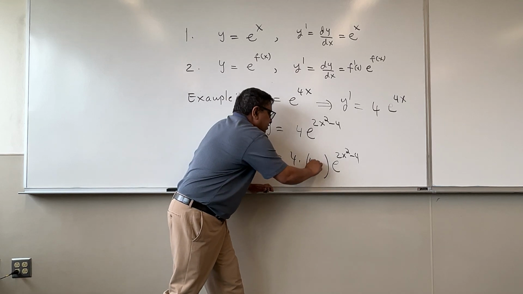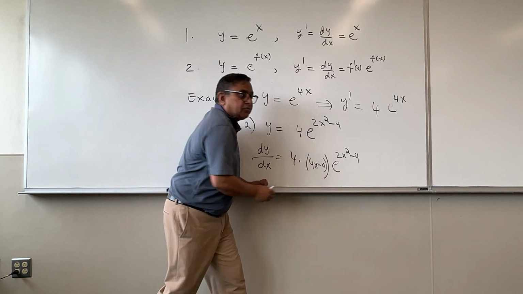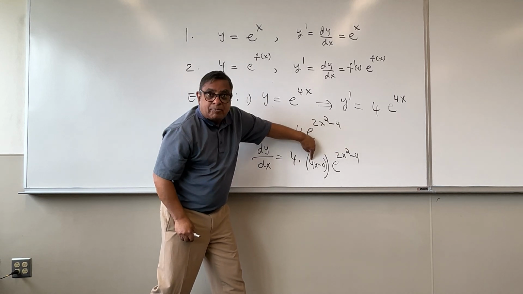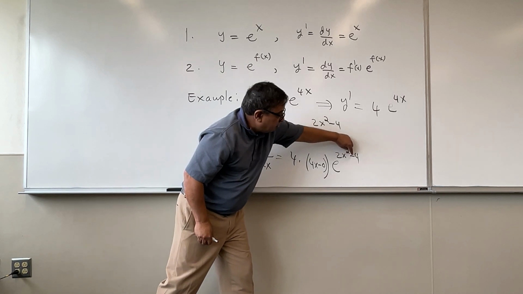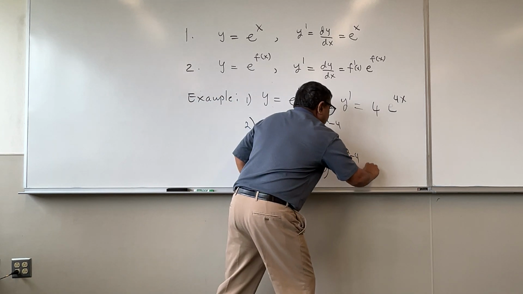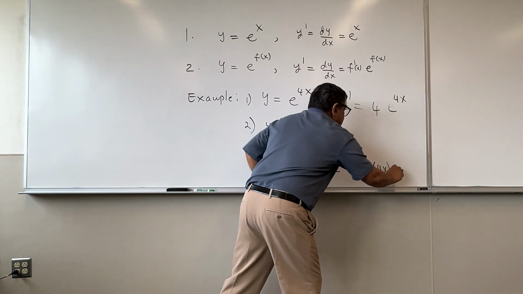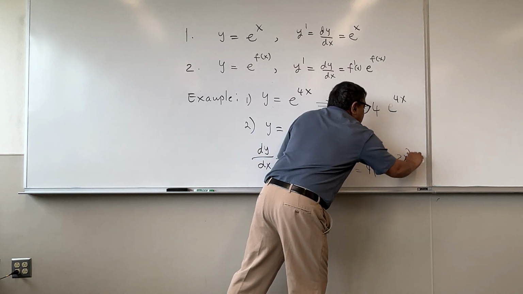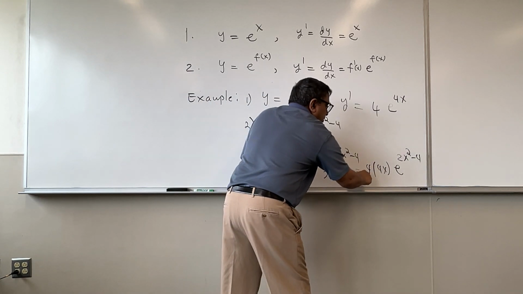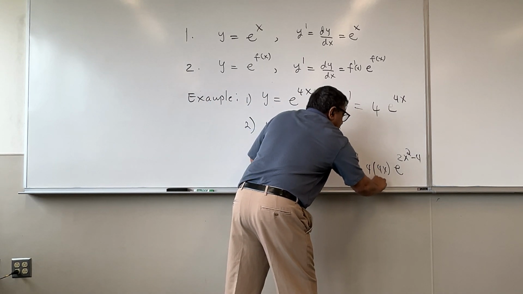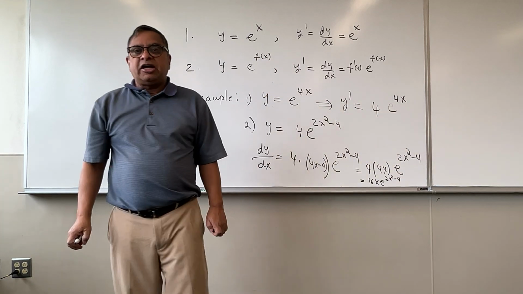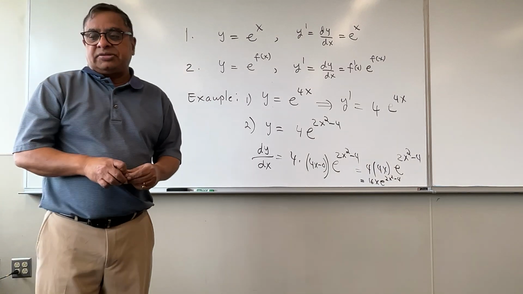So it's 4x minus 0. You see that? 2x squared derivative is 4x by power rule, minus derivative of 4 is 0. So if you want, you can write this as 4 times 4x times e to the power of 2x squared minus 4. Or if you multiply it out, 4 times 4 is 16x e to the power of 2x squared minus 4. And that should be your final answer.